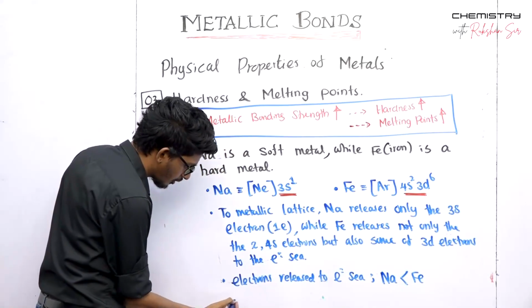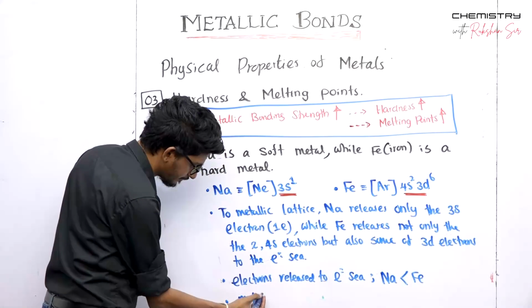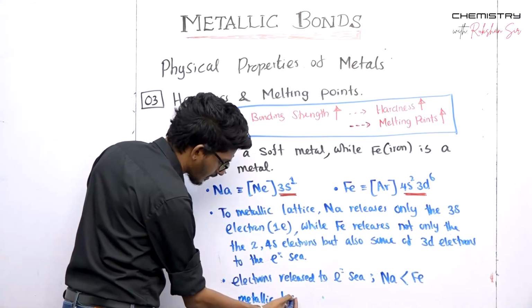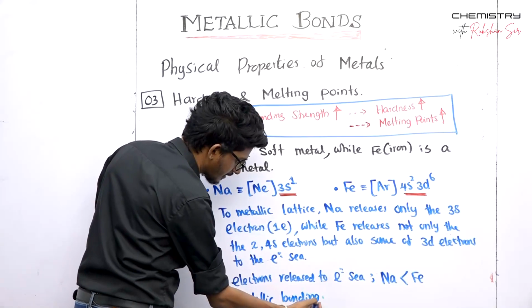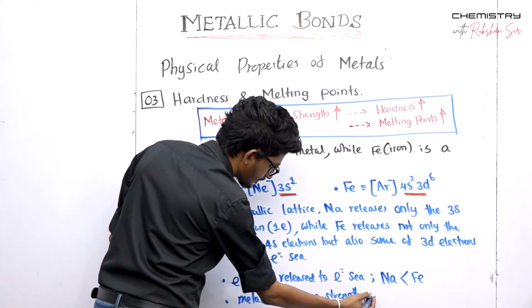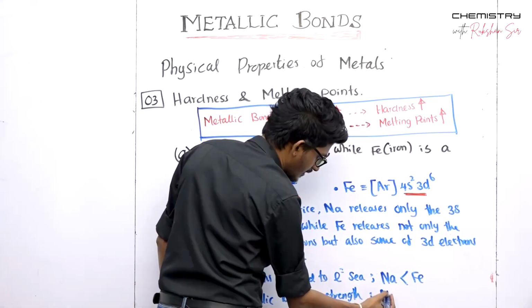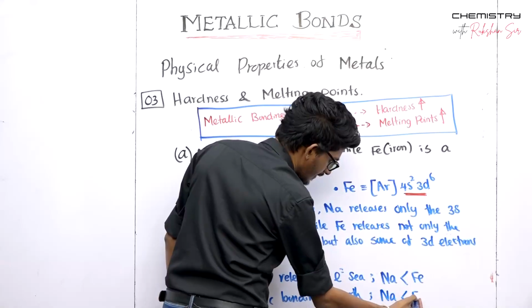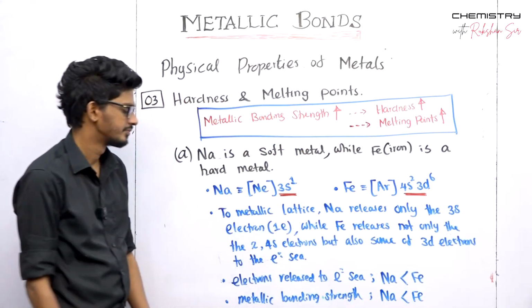So the metallic bonding strength is greater with iron than in sodium.